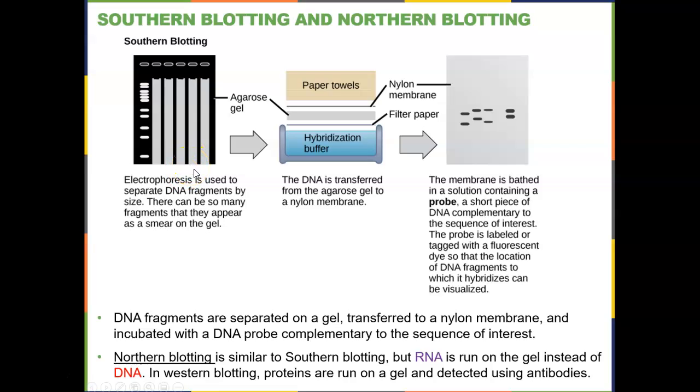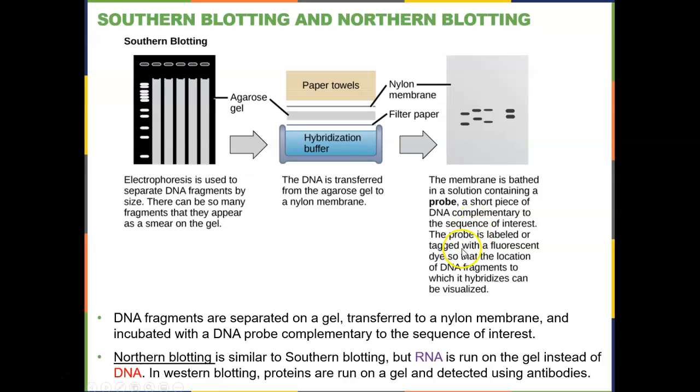So we can then take and add the regions that are of particular interest to us to a new nylon membrane. And this nylon membrane will allow us to add to it some probes, which are short little pieces of DNA that mark just the sequence that we're interested in.